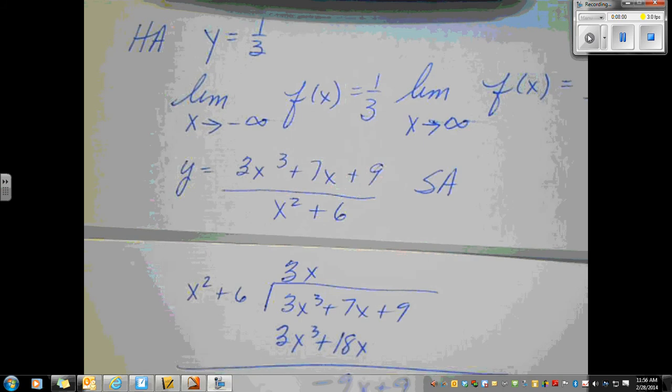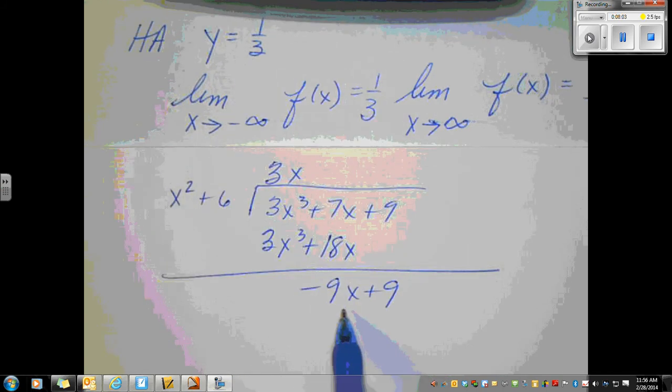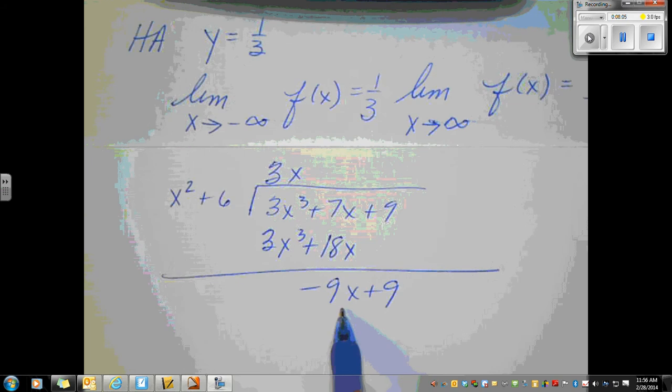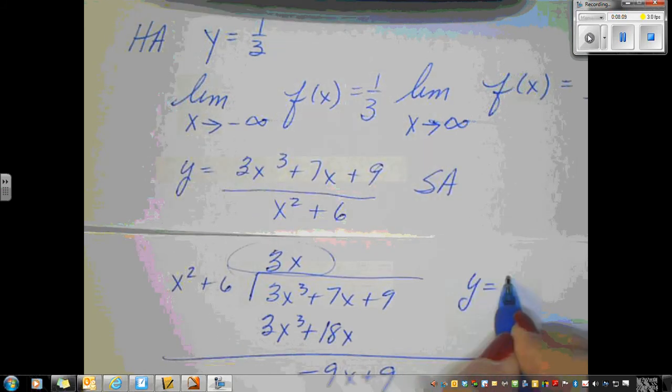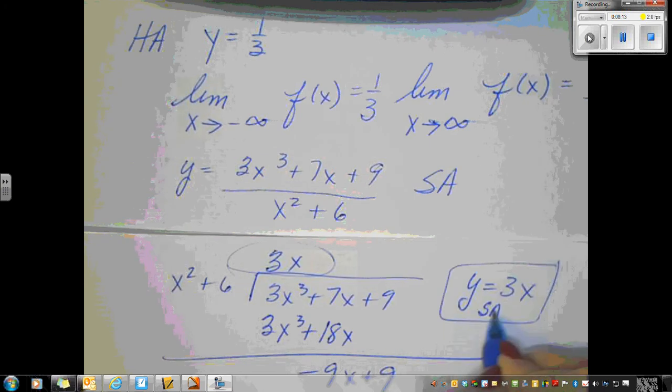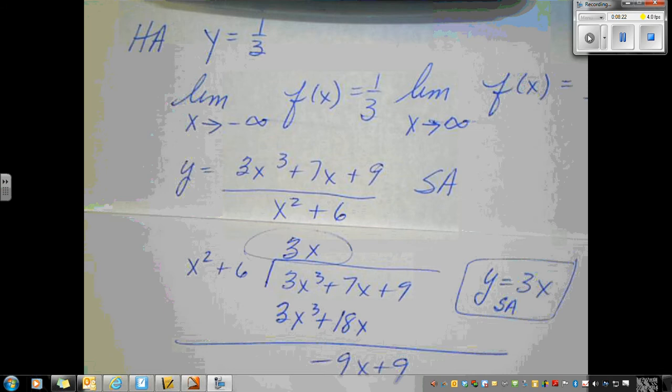Now, does x squared go into negative 9x? No. So, y equals 3x would be our slant asymptote. Okay? All right, now, let's see.